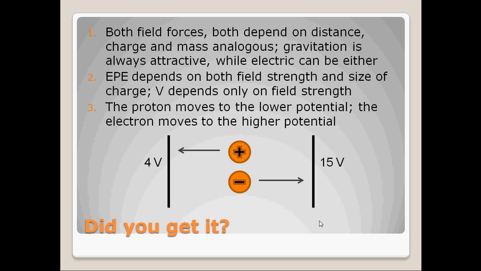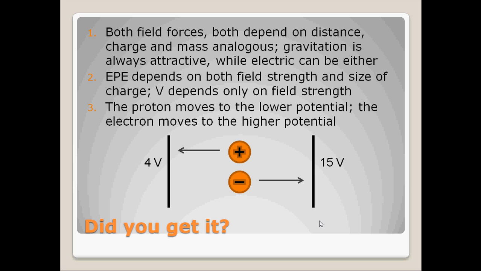We've got situations where mass and charge are analogous to each other in terms of their effect on the overall force exerted by that field. One major difference that we mentioned before is that gravitation is always going to be attractive between two bodies. Electric force, on the other hand, can either pull two bodies together or push them apart.